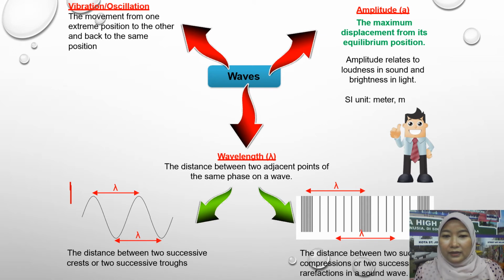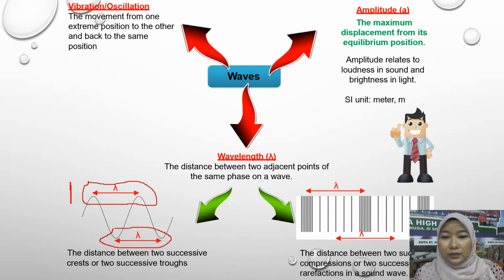Wavelength, lambda, is the distance between two adjacent points of the same phase on a wave. For example, the distance between two successive crests or two successive troughs. This is the distance between two successive crests, and this is the distance between two successive troughs.